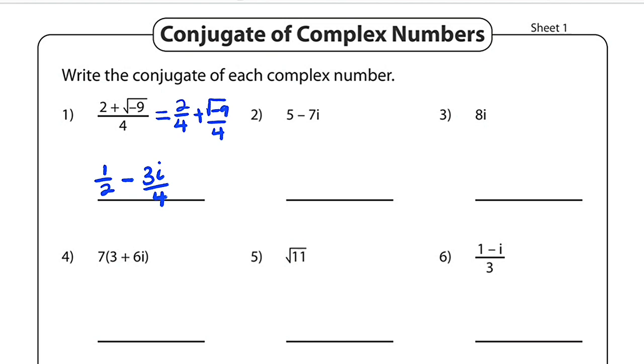Number 2, 5 minus 7i. We have 5 plus 7i. Number 3, we have only the imaginary part, meaning the real part is 0. This is the same thing as 0 plus 8i, and the conjugate will be 0 minus 8i. Therefore, 0 minus 8i is the same thing as negative 8i. So negative 8i is the conjugate.